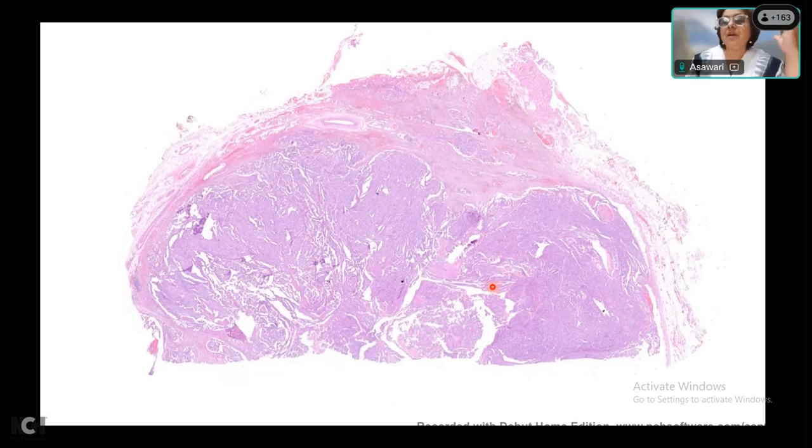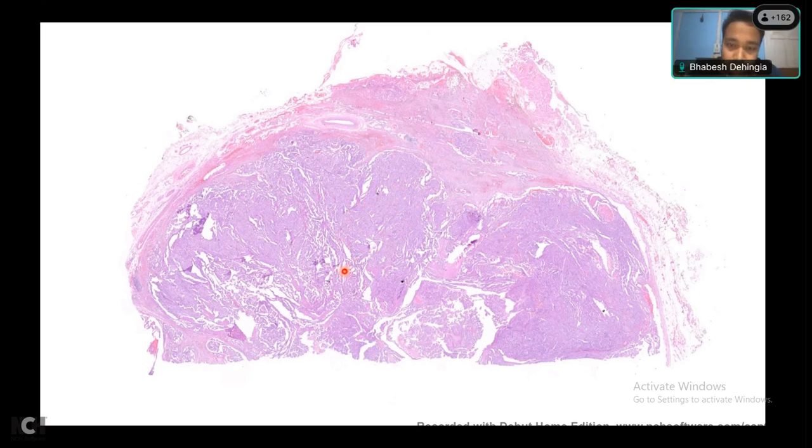The reason why I'm showing you scanner view, in any thyroid section, when we look at the scanner view, it's just to make sure what you are looking at, whether it is a nodular region, whether it is a capsulated region, whether you can see any extrathyroidal extension, how many nodules are there, right? So tell me, is it a nodular lesion? Do you see any tumor here?